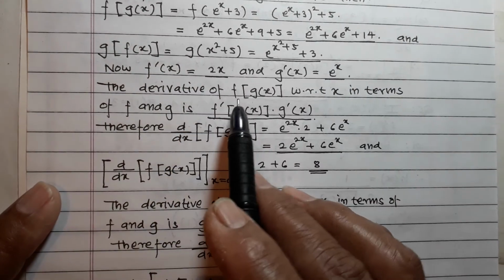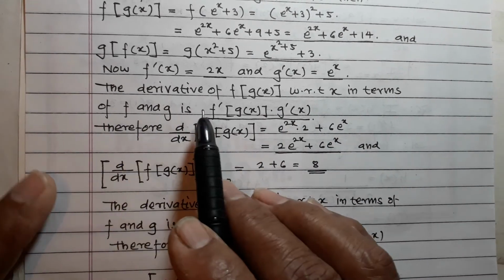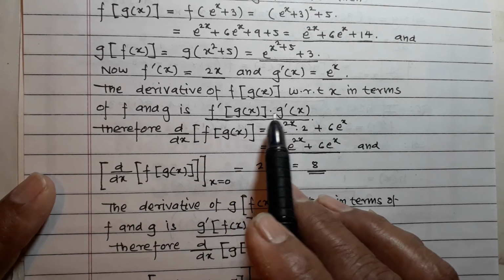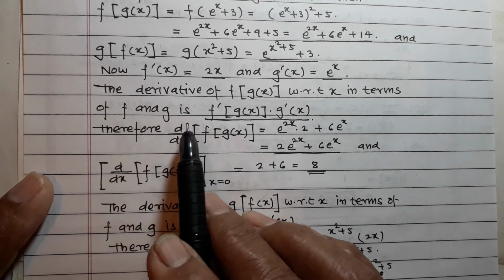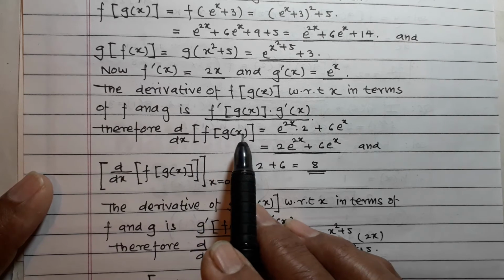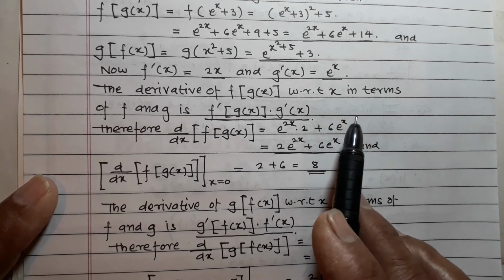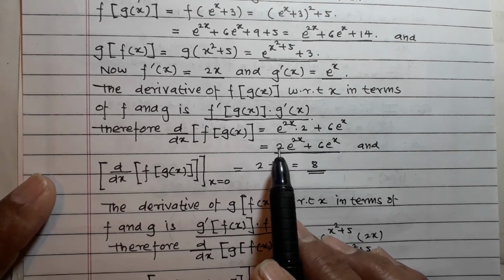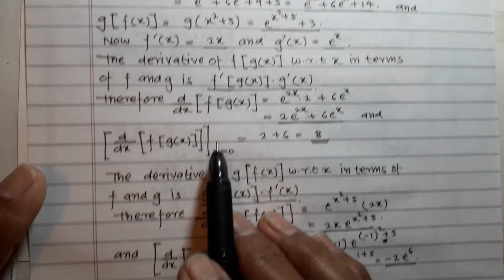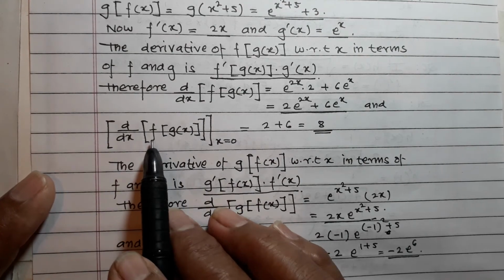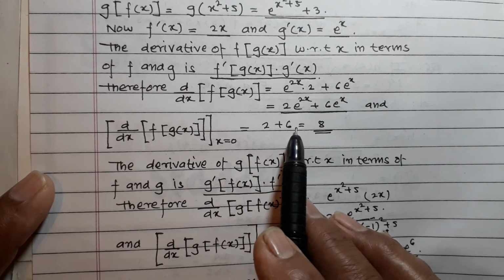The derivative of f(g(x)) with respect to x in terms of f and g is f'(g(x)) into g'(x). Therefore d/dx f(g(x)) = e raised to 2x into 2 + 6 e raised to x, which is 2 e raised to 2x + 6 e raised to x. And d/dx f(g(x)) at x = 0 is 2 + 6 = 8.